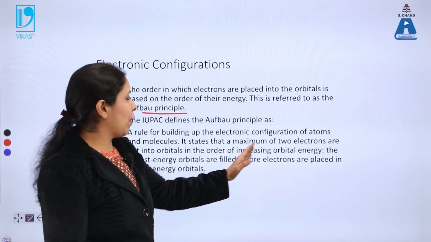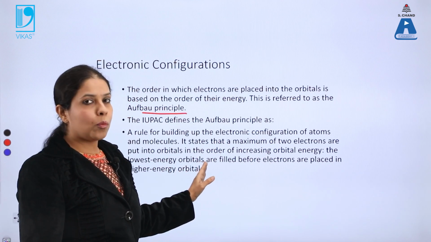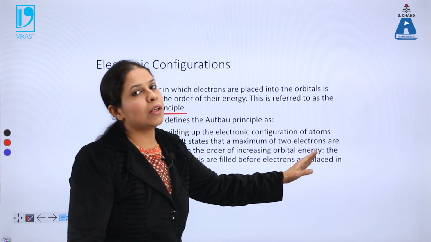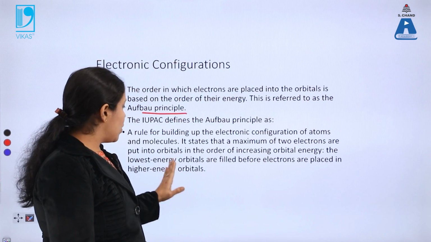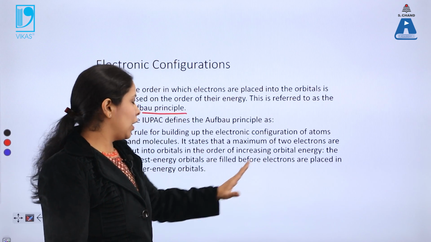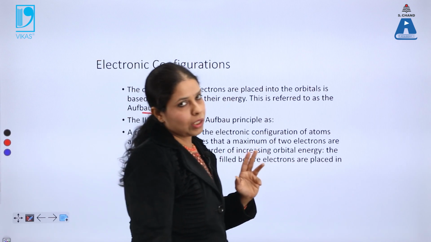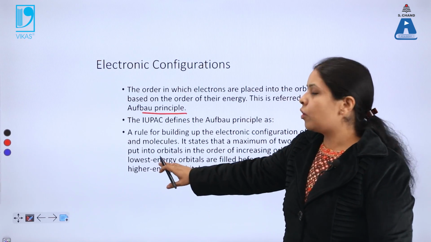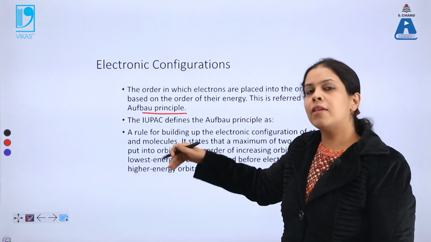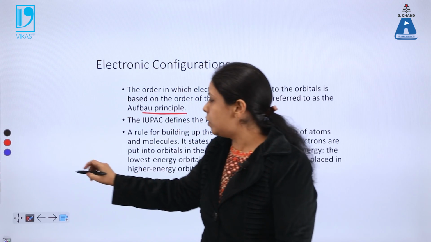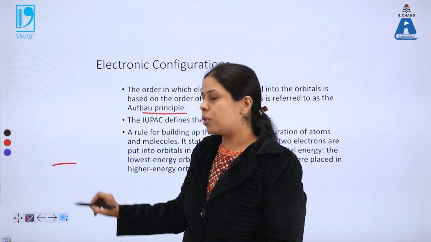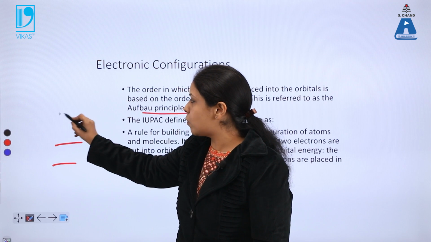It states that a maximum of 2 electrons are put into each orbital in the order of increasing orbital energies. The lowest energy orbitals are filled before the electrons are placed in higher energy orbitals. So electrons are going to occupy the lowest energy orbital first, then the higher orbitals. For example, this is your lower orbital, this is your higher, and this one is your highest.